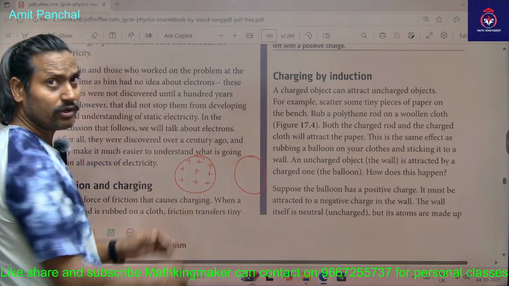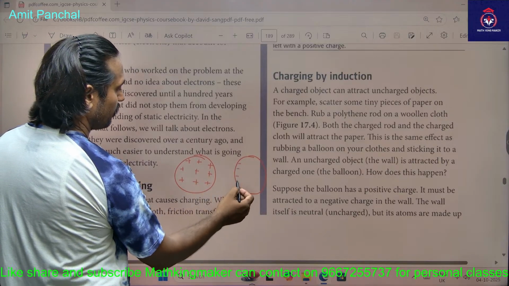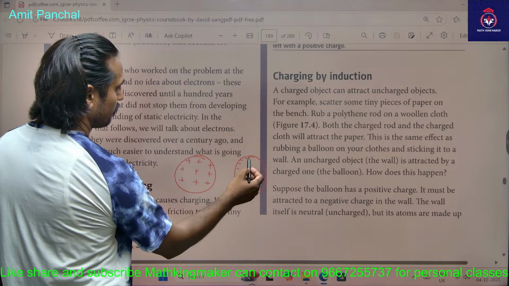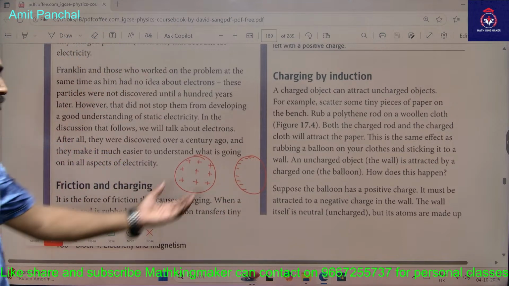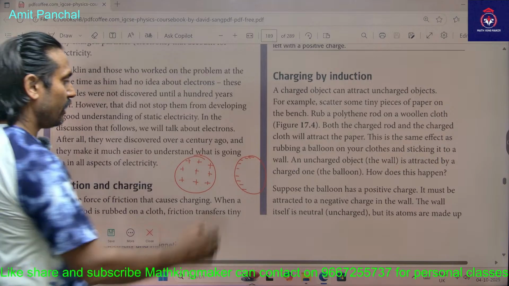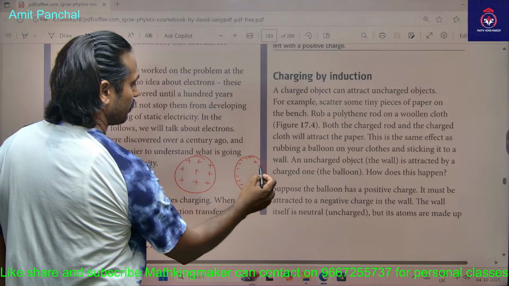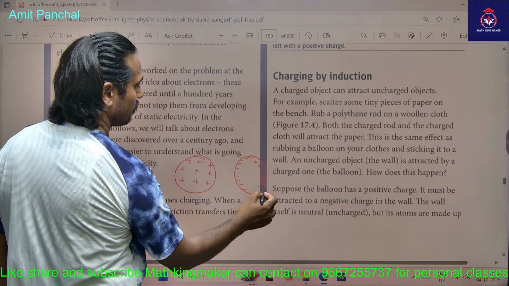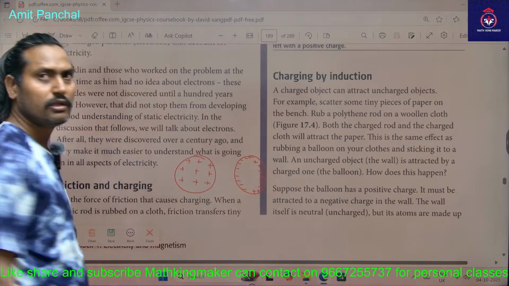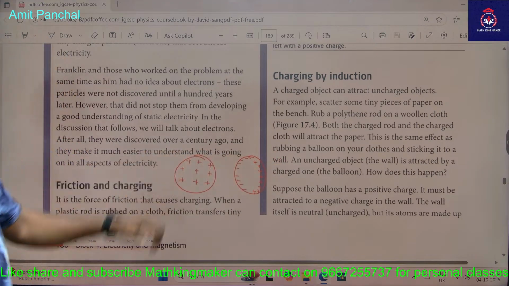They are not in contact, but all electrons will be attracted towards this positive charge, and positive charge will be repelled. So positive charge will be here on this side, and electrons will be coming towards this positive charge.